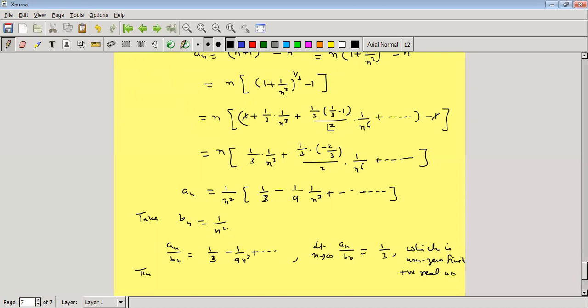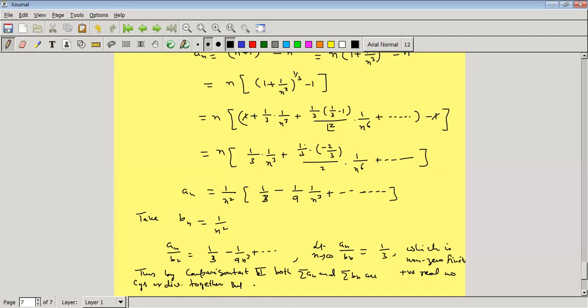Thus, by comparison test 2, summation an and summation bn converge or diverge together.